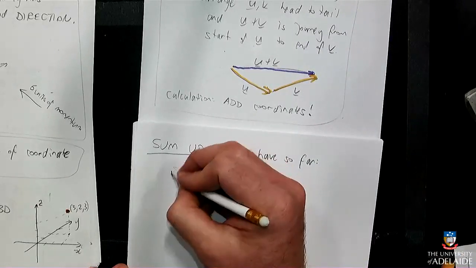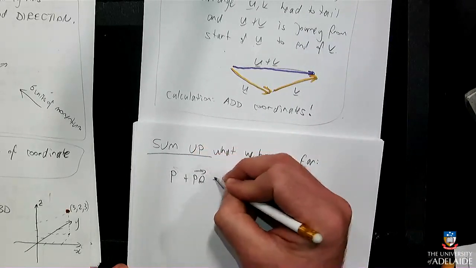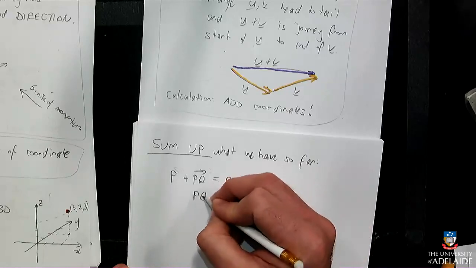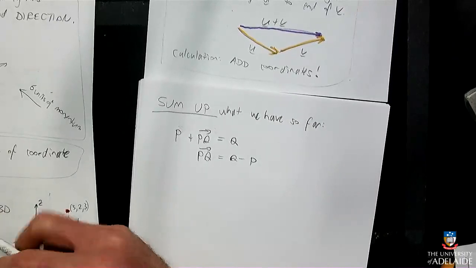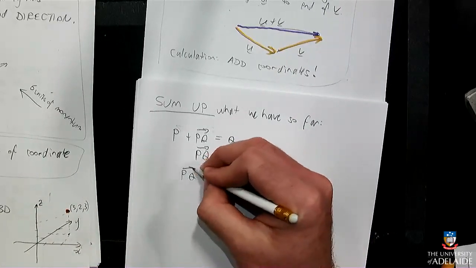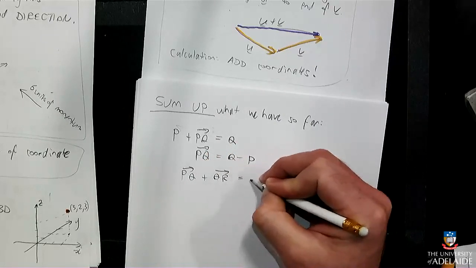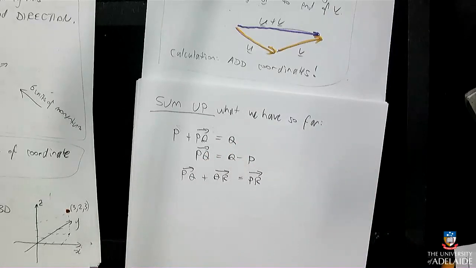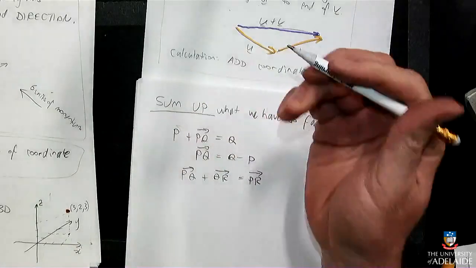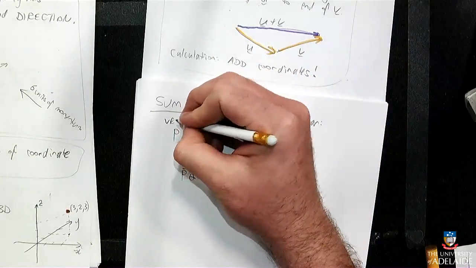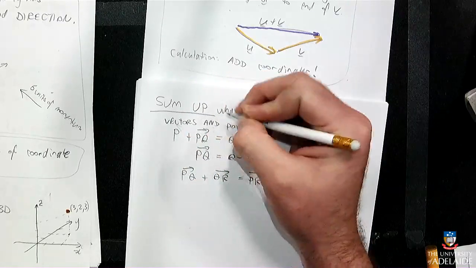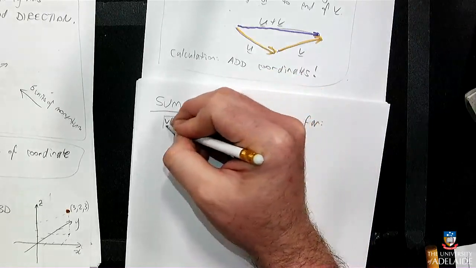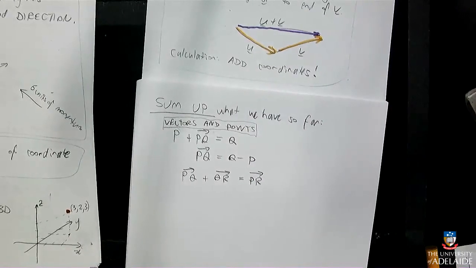We have that P plus PQ is Q, and PQ is Q minus P. Okay. And we have that PQ plus QR is PR. That's some stuff we had before. So there's some things about how vectors relate to points.